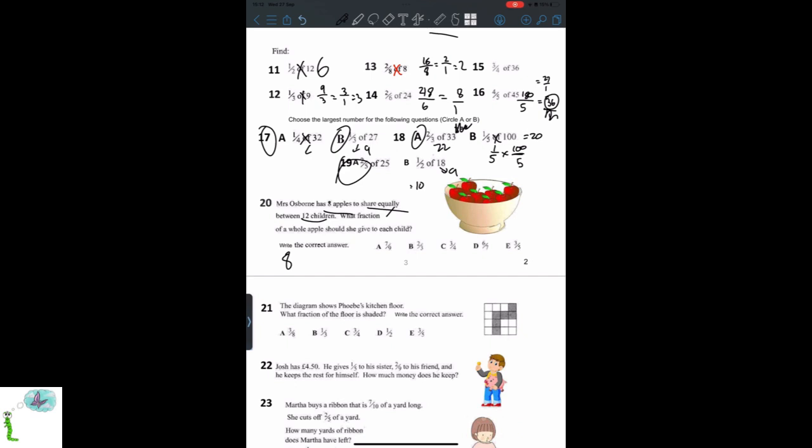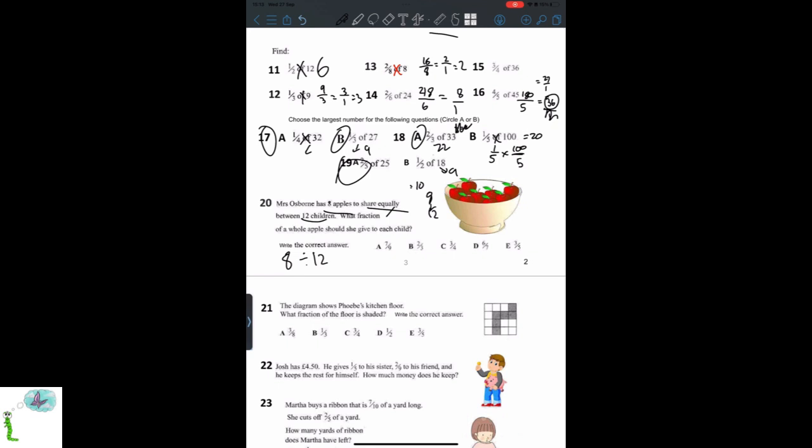So there are 12 kids and you have to divide equally 8 apples into 12 kids.